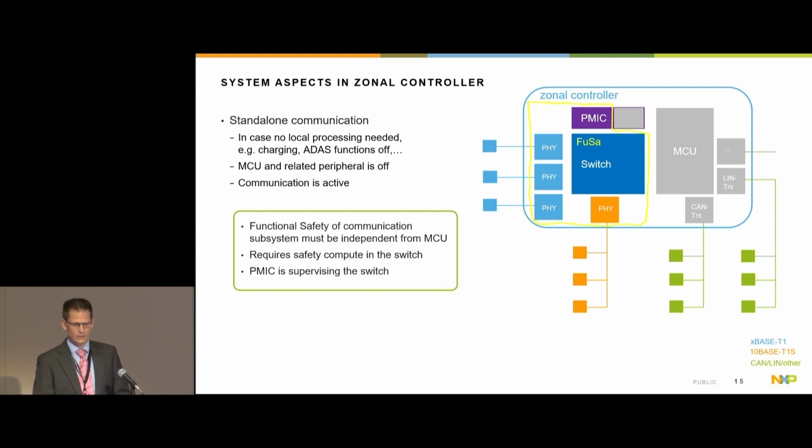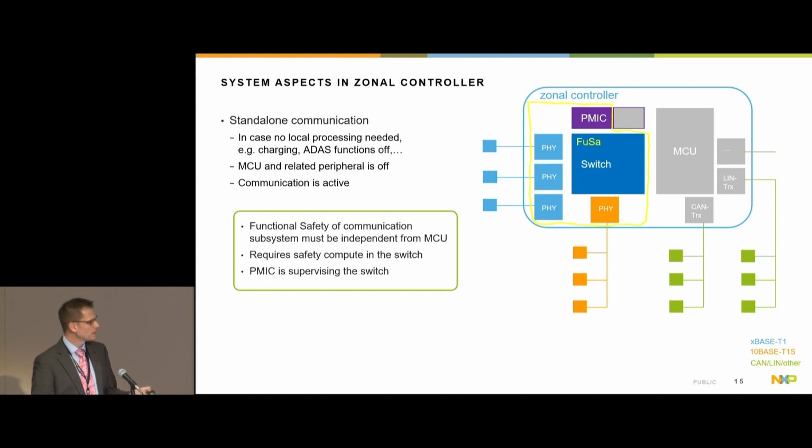In this case, you see, the microcontroller is off, and maybe also the connection which is next to it. But the communication side is on, and you still need to have the functional safety requirements fulfilled.